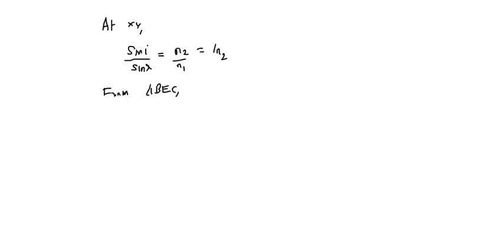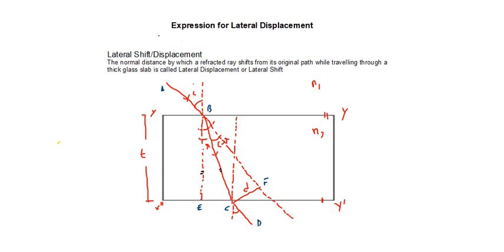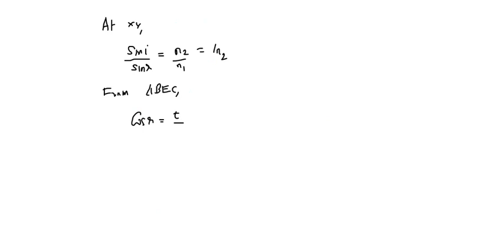So, cos of R equals base, which is T, by hypotenuse. Hypotenuse would be BC. Fine. So, let us say this is my equation 1, this is my equation 2.